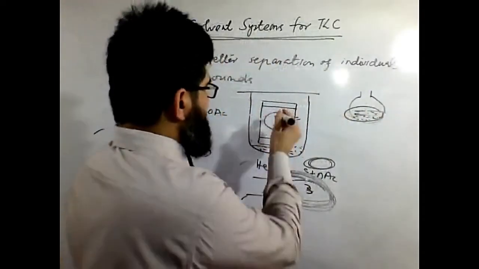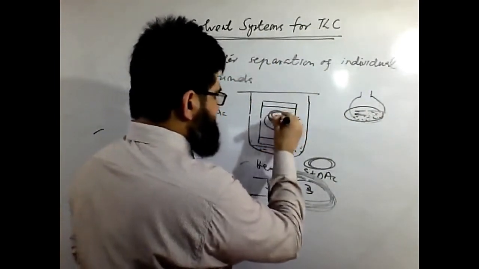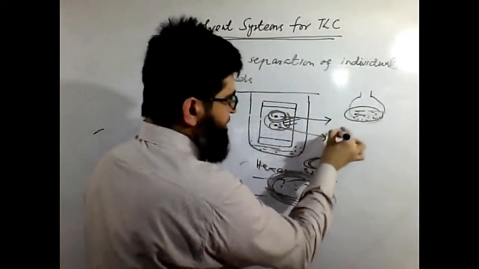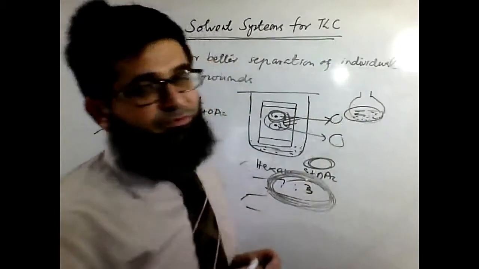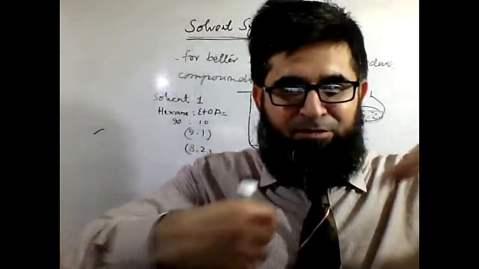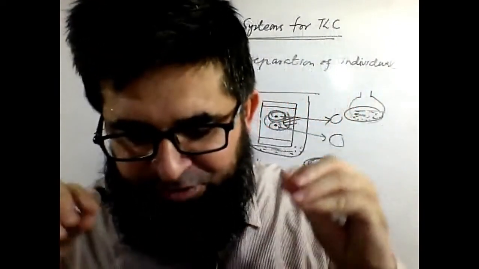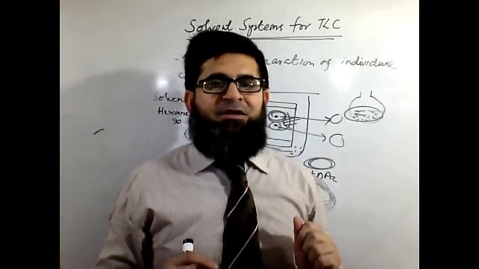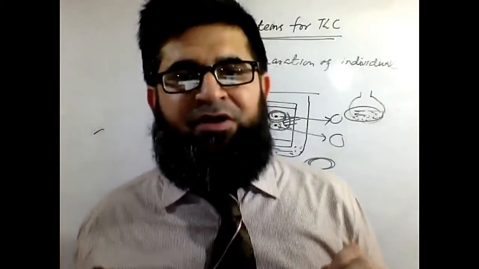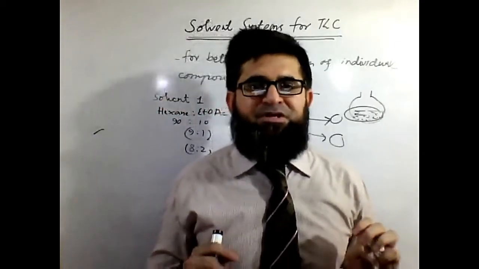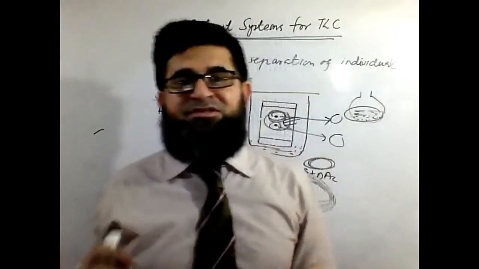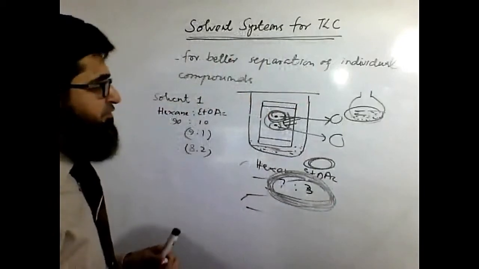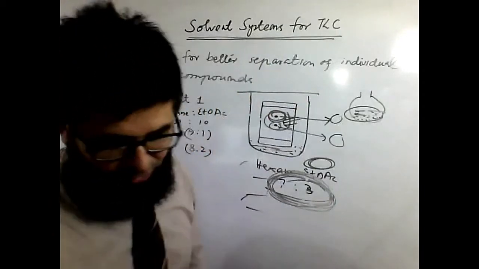This can be taken out in flask number 1, and then that can be taken out in flask number 2. So they will be different from each other. Purified samples can be obtained in different flasks. So actually TLC suggests our line of action for the purification of the compounds. That's why different solvent systems are used to check the presence of the number of fractions in a given sample.